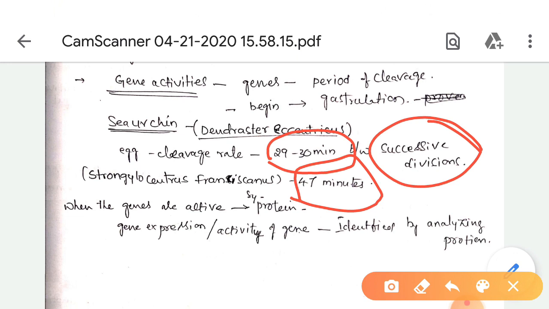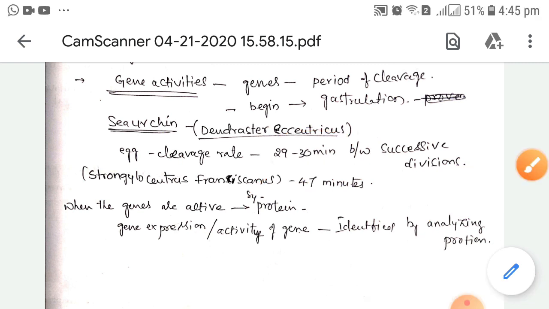When the genes are active, they synthesize protein, and the gene expression or activity of a gene can be identified by analyzing protein. So that is about gastrulation and metabolic or molecular events.